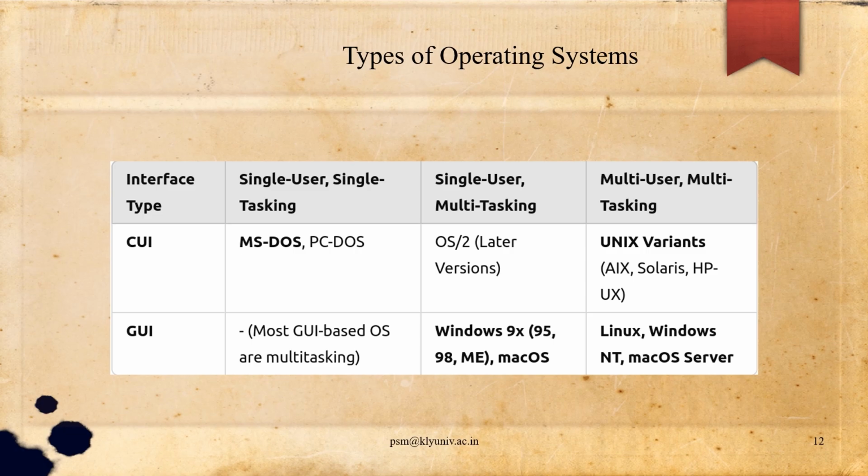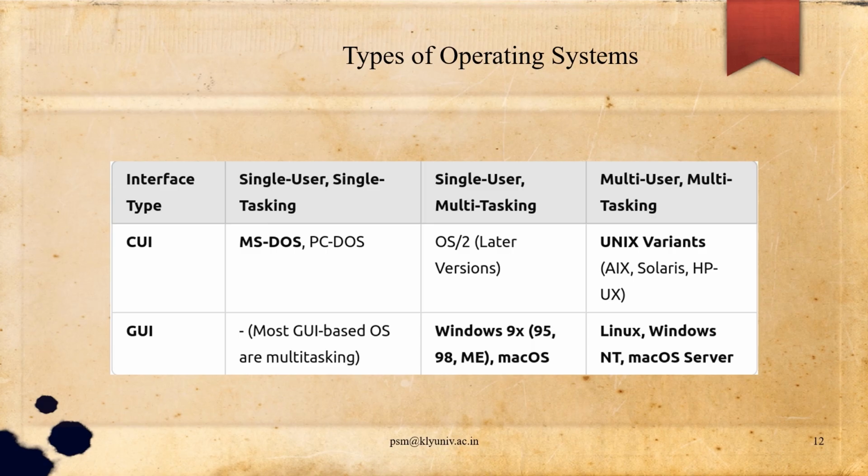So later on, single user multitasking, but GUI: almost all of the Windows family of operating systems, Mac OS, their GUI supports single user but multitasking. But in case of GUI, multi-user multitasking, we have Windows NT, one of the most important components of the Windows family, Mac OS Server, or any Linux-based system.